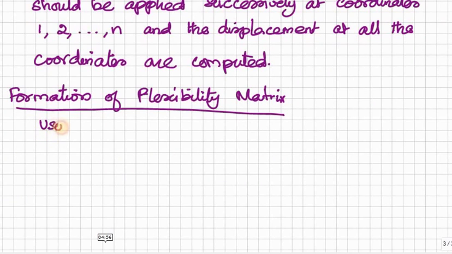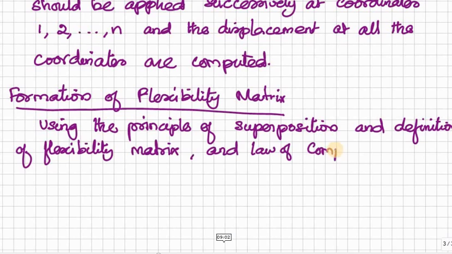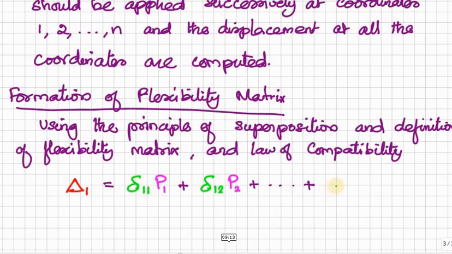Using the principle of superposition, the definition of the flexibility matrix and the law of compatibility, the final displacement at coordinate 1, that is capital delta 1, is equal to small delta 11 into P1 plus small delta 12 P2 plus up to small delta 1n into Pn plus capital delta 1L.